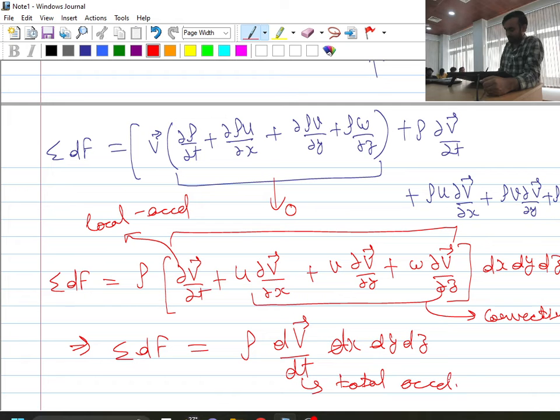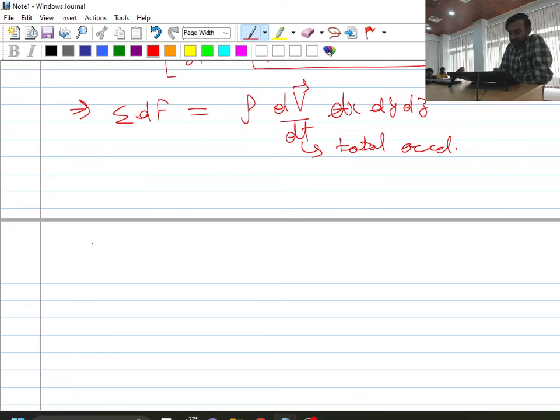So ultimately we have got the fundamental thing only, that the time rate of change of velocity times the mass of the fluid element is giving us the sum of all the forces which are acting on this differential fluid element. Now can you tell me what will be the forces acting on this differential fluid element? If I have to calculate this term, sum of forces, what will be?